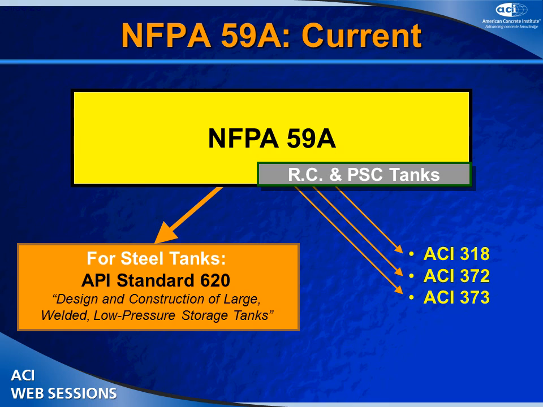It doesn't deal with a lot of the durability, leakage, and crack control issues that would be important for liquid containing storage. They also reference 372 and 373. 372 is a circular wrapped pre-stressed concrete tank report. It's not a standard, it's not mandatory. They also reference 373, which is internal tendon.